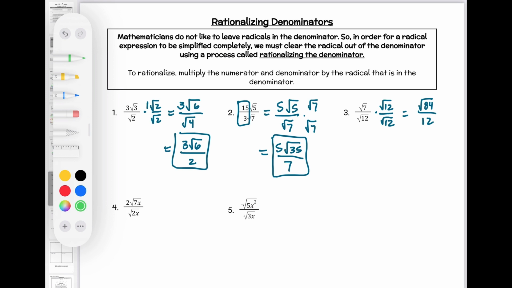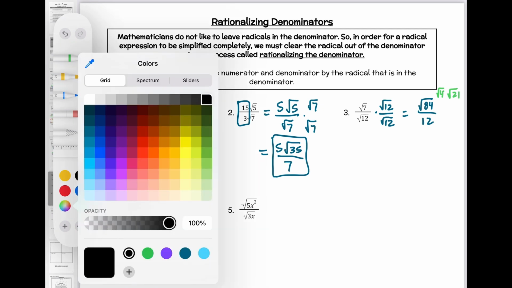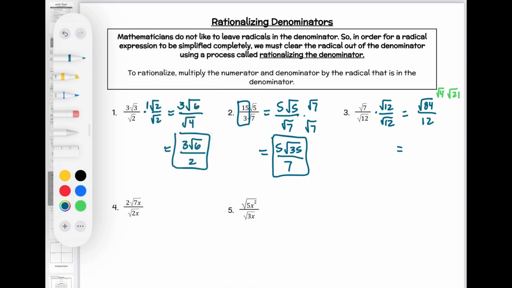So we can divide that by the perfect square, and that's just going to be 4. 84 divided by 4 is going to be 21. So our final answer is going to be 2, because the square root of 4 is 2, square root 21 over 12. Sorry, we're actually not done yet because we have 2 and 12 that we can simplify. So that's going to simplify, and we're going to be left with 6 on the bottom.